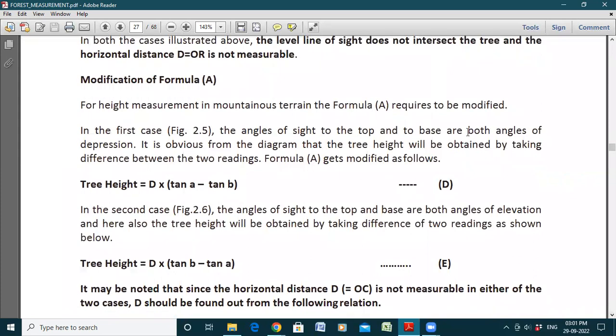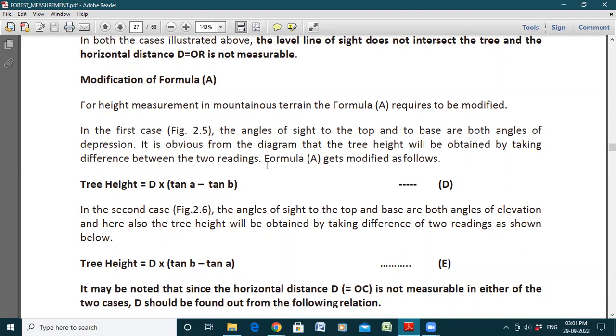For height measurement in a mountainous terrain, the formula we got first can be modified. Here the angles of sight to the top and to the base of the tree are both angles of depression. It is obvious from the diagram that the tree height will be obtained by taking the difference between the two readings.